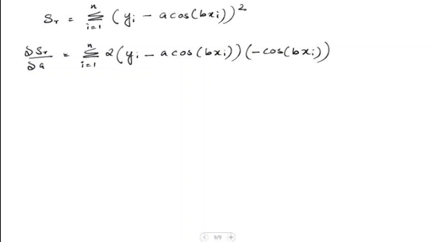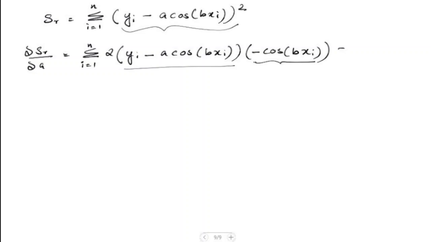This is just how to partially differentiate this part: the 2 comes forward, then you have the function again, and then you take the derivative of a alone and multiply.